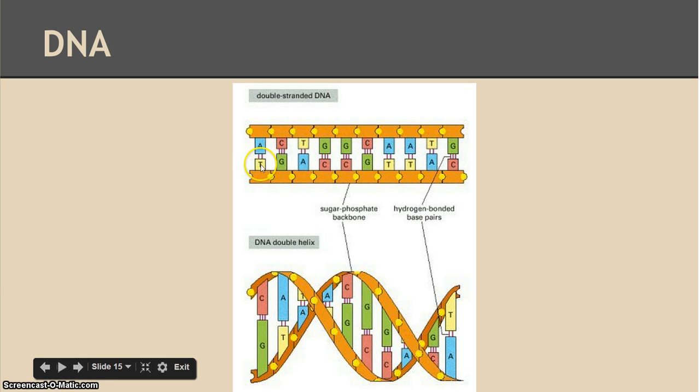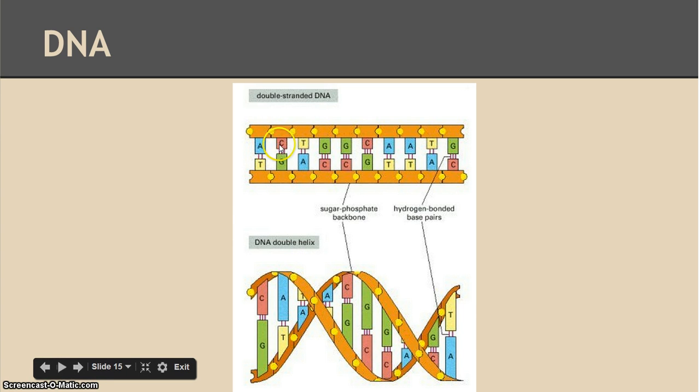And in the DNA, we have one hydrogen bond in between A's and T's. A-T spells at, and it's a two-letter word. Or we have two hydrogen bonds, I'm sorry.